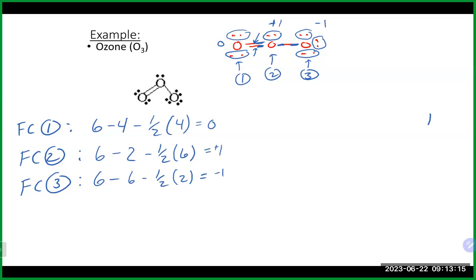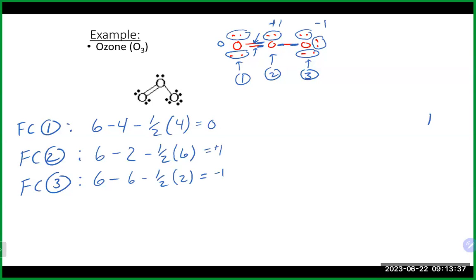And the oxygen at the far right takes on a -1 charge. If you add up all the formal charges, 0, +1, and -1, it does equal 0. And that's why it is neutral overall. But individually, as these atoms bond together in this arrangement, they take on the charges that you see.